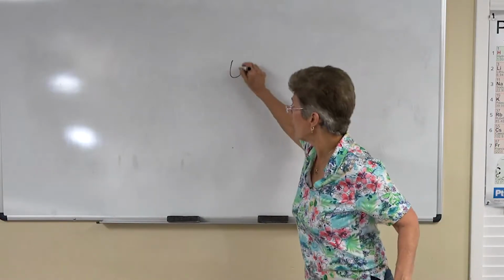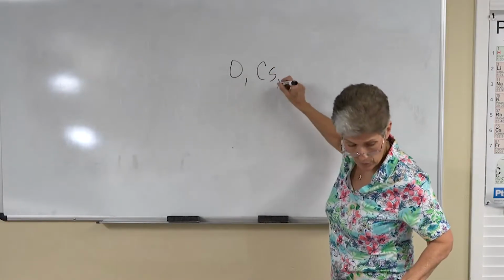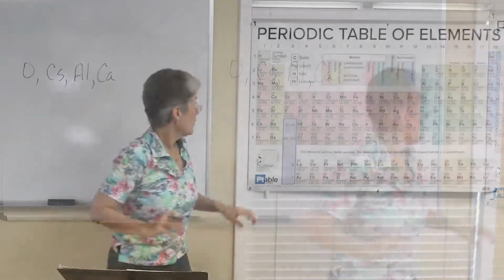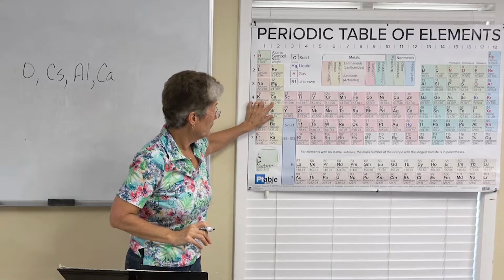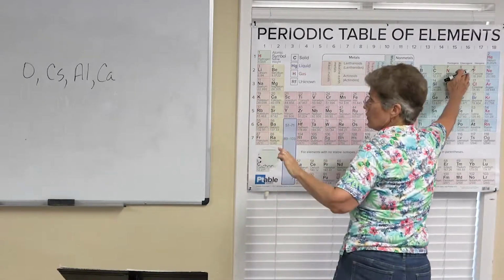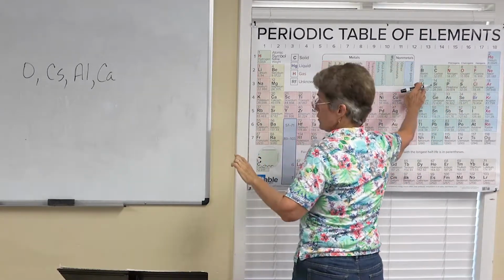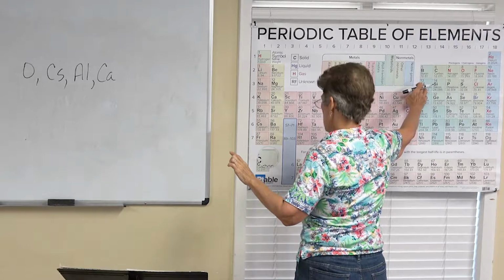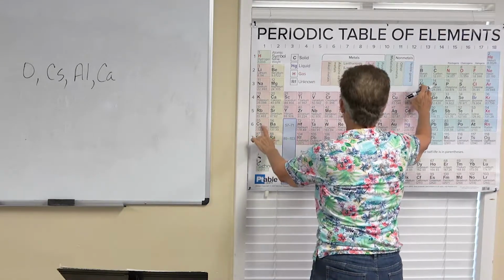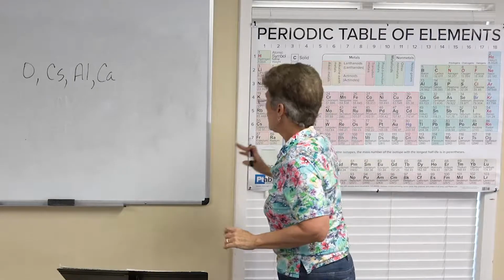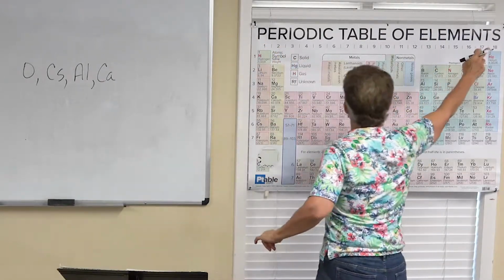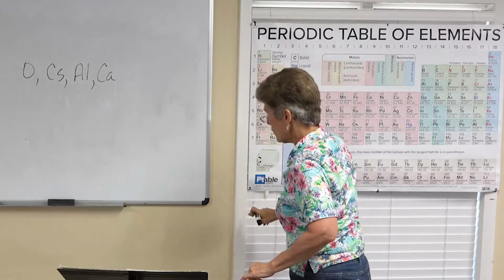Number 6, order the following atoms in terms of increasing size. Well, here's calcium. Oxygen is over here. Aluminum's here. And cesium is here. Remember that the size increases this way and this way.